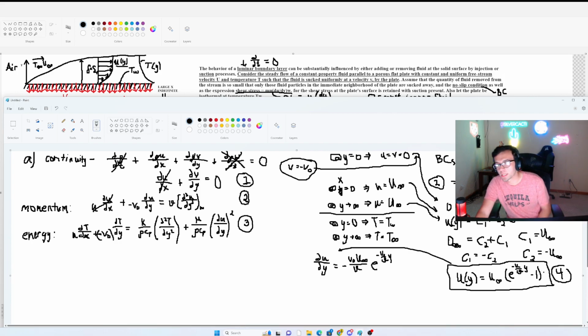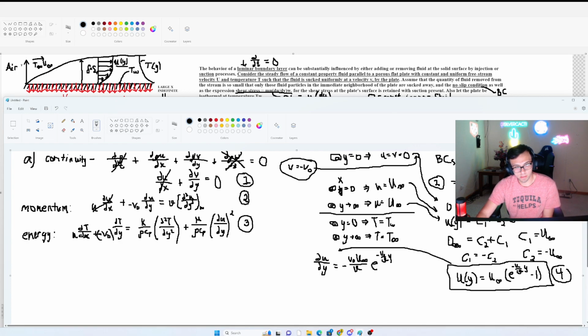The other one is going to cancel out, because with a derivative there's only one variable, so it's just a regular derivative. That cancels out the u infinity, negative 1. So the exponential derivative is just minus the suction velocity over kinematic viscosity times this, and the exponential doesn't change. So it's kind of easy for exponentials. That's what we're going to use.